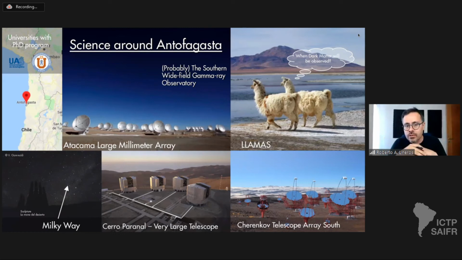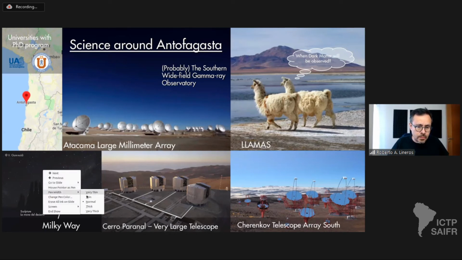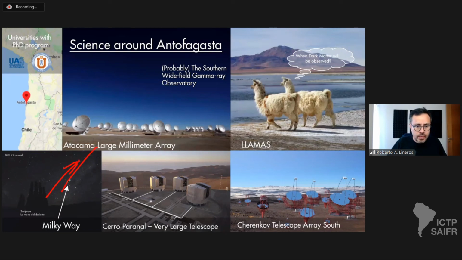Maybe in the future SWGO, a gamma ray observatory. The CTA South site is also going to be close to Antofagasta, about 3 hours by car. Also the VLT, and of course the nicest thing, beside the desert, is that you can see the whole Milky Way with your naked eye, and you'll be amazed by how dark the night can be in the desert.